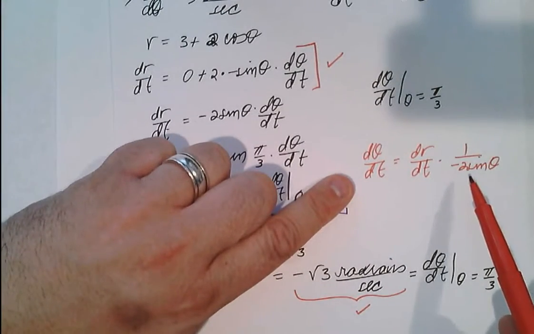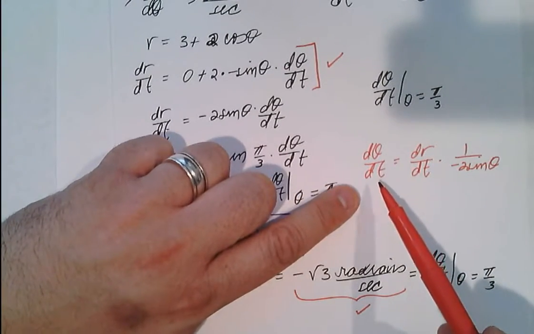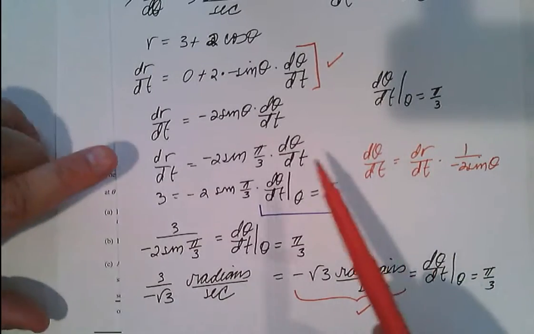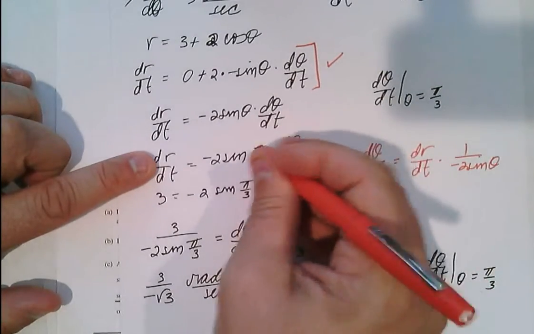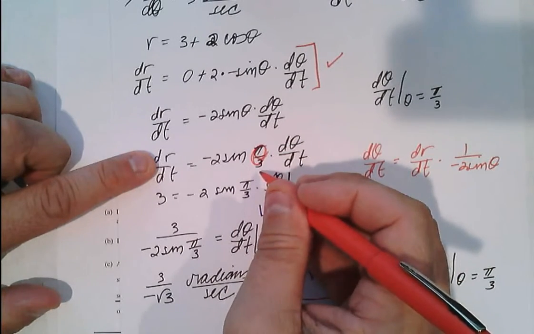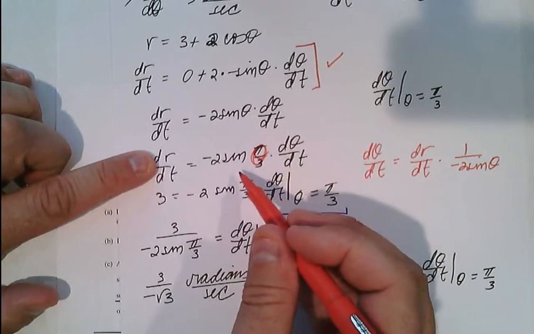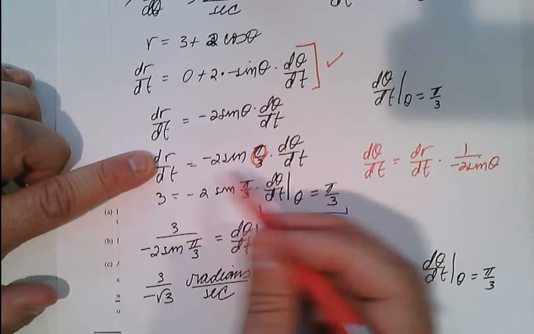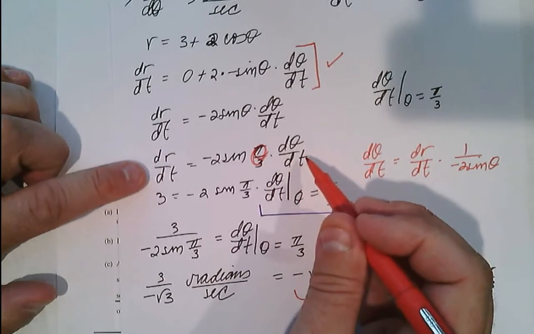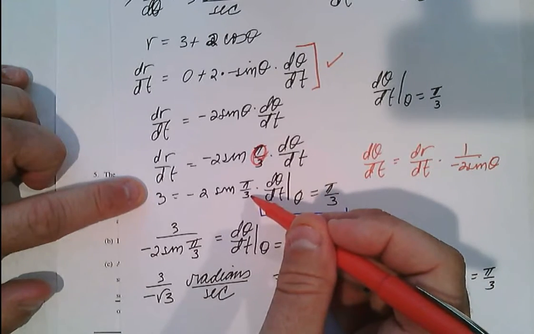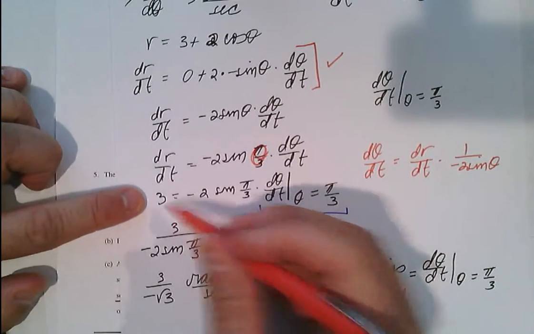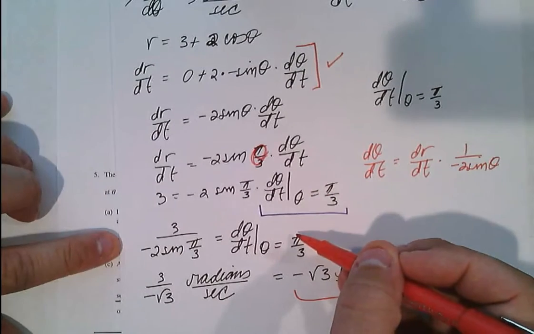What this means to me is they awarded the point when you took this initial relationship with the general theta, not pi over 3, and you divided both sides by negative 2 sine theta. What I decided to do is I kept the equation in this form, then I evaluated at pi over 3 and replaced the 3 over here, and then I started solving.